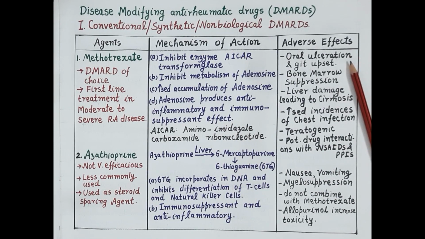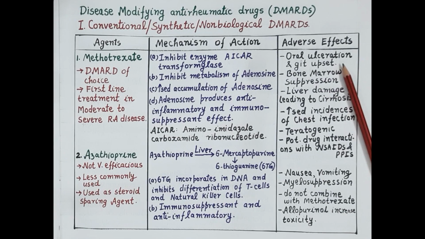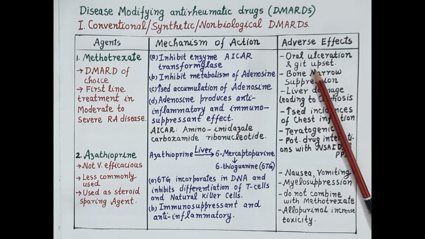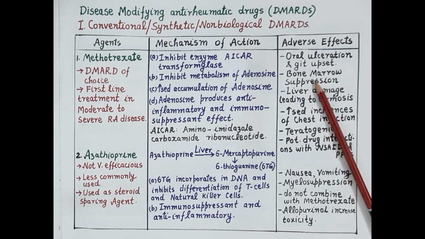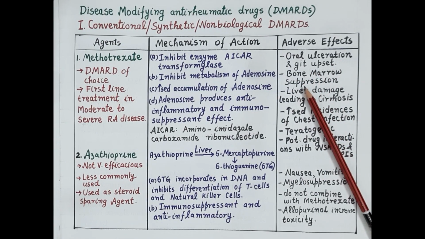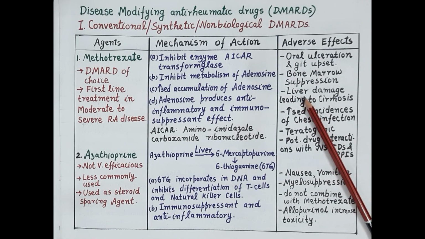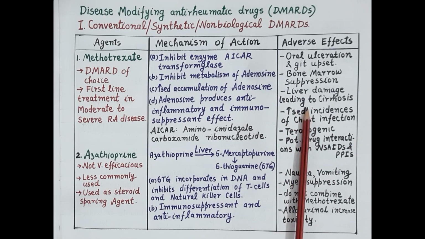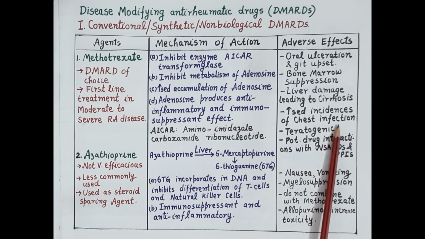Now let's talk about the adverse effects. Common and major adverse effects of methotrexate are oral ulceration and gastrointestinal upset. It produces bone marrow suppression, causing for example pancytopenia. Prolonged therapy causes liver damage leading to cirrhosis, and increased incidence of chest infection.